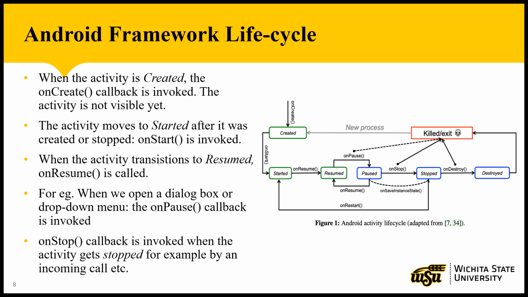This is when the onRestart callback is invoked. When the activity is about to be destroyed, when you want to kill the application, the onDestroy callback is invoked. After that, the activity is killed and the app is closed. This life cycle you can see in the right side diagram.